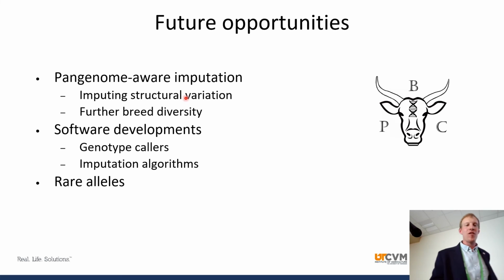We can add a lot of really interesting information there. And then software development in the genotype caller space, which again is much more Bob Schnabel's thing than mine, but I think there are some really interesting developments coming down the line that'll make us better able to do all of these things, whether it's calling genotypes or imputing. And I put rare alleles on there for a reason that I can't remember at the moment.